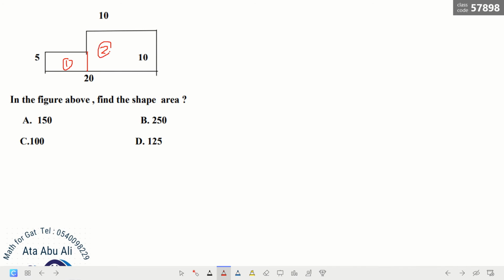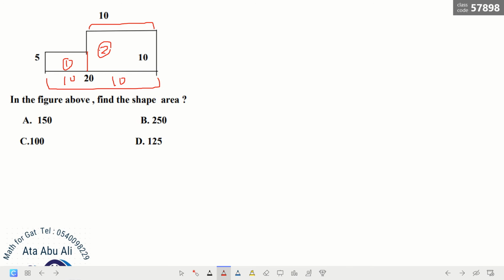To find the area, I have to find the area of each one of them. This is 20. Below, all of this is equal to 20. But from here to here is equal to 10. That means this is 10, and here also is 10. I divided it into two different parts.